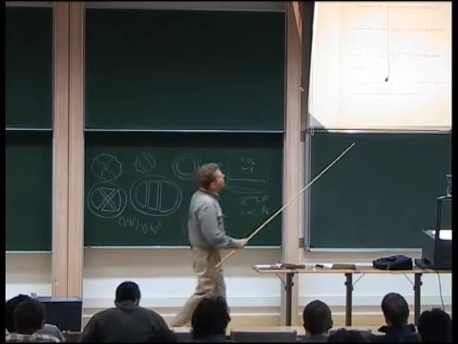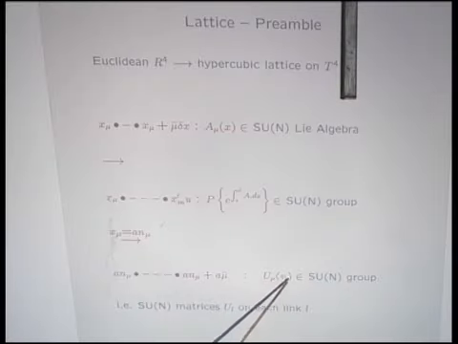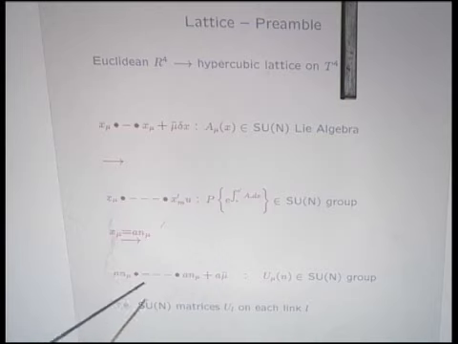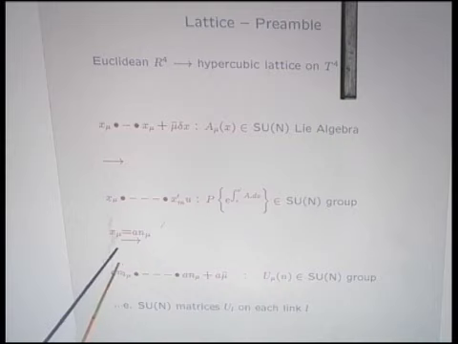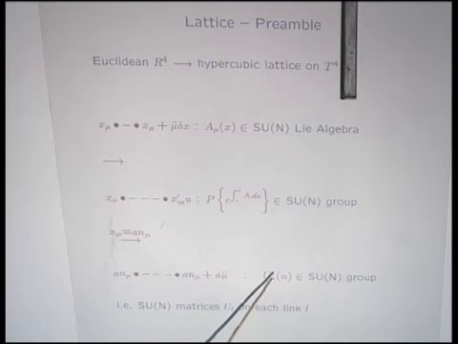So these matrices, these elements of the SU(N) group, live on the links of the lattice. And you assign them labels. For example, the link that goes out in the mu direction from the site n, and since we have a discrete number of sites, we can label them by integers. So you would call that U_mu of n, where this is an N by N matrix, for example.